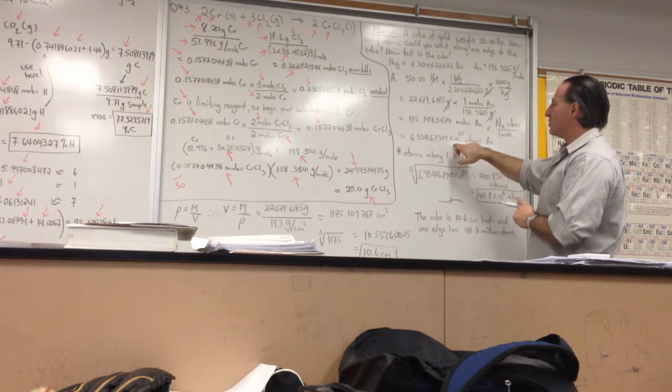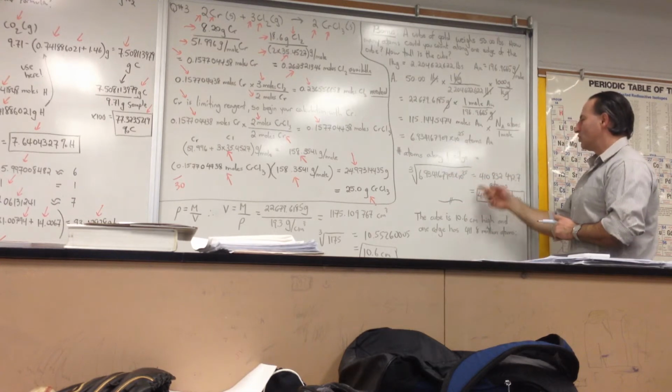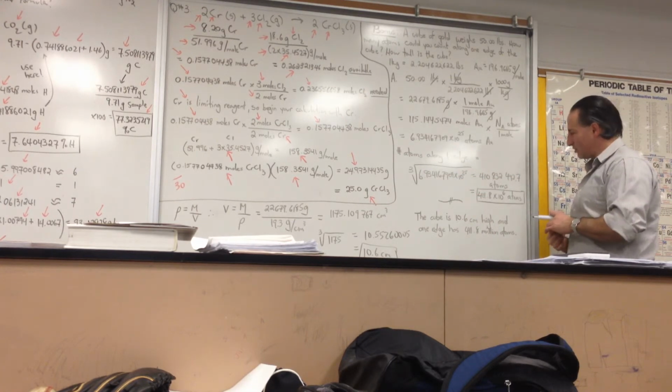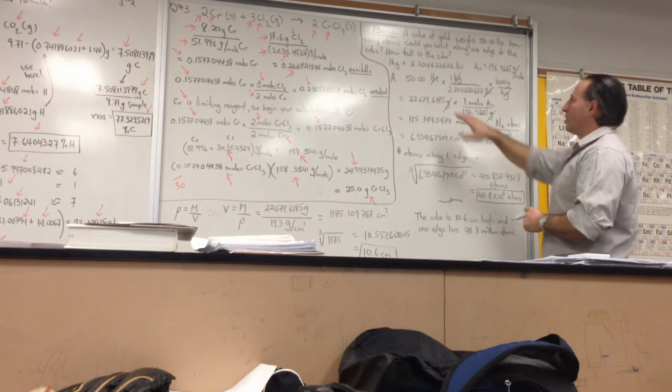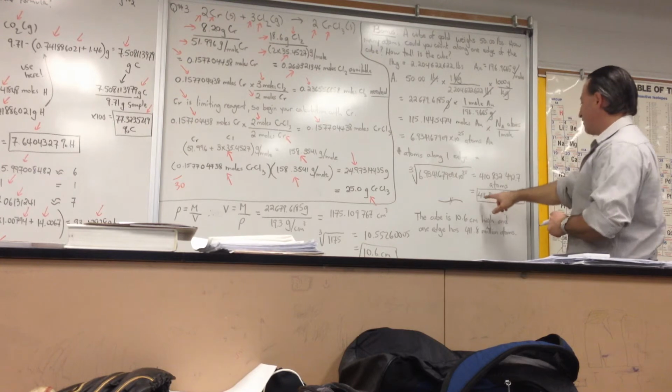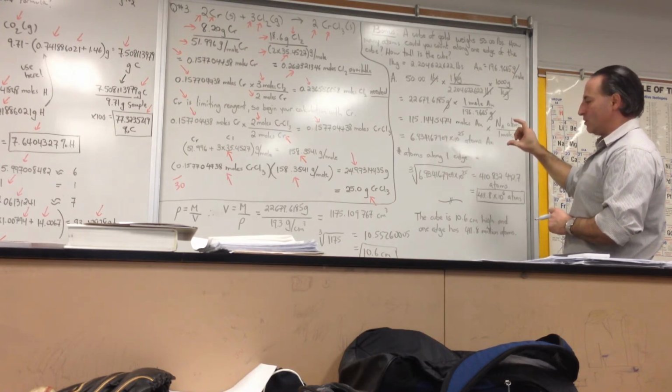So if we take the cube root of this number, we'll know how many atoms are lined up along one edge. Turns out it's 410,832,492.7. We're only allowed to report to 4 significant figures, so we're going to say 411.8 million atoms are along one edge of the cube.